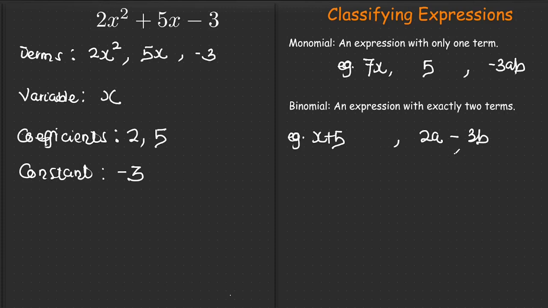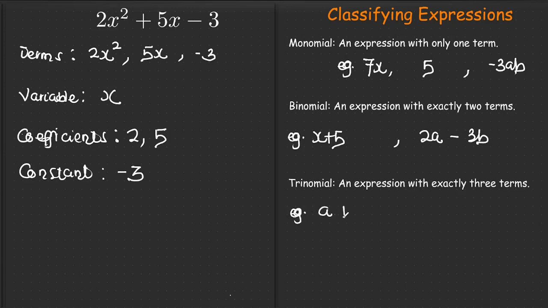Then I guess you would understand, or you can tell what a trinomial then is. You can pause and then write it in the comment section. And I guess you were able to do that. Trinomial is an expression with exactly 3 terms. It has exactly what? 3 terms.